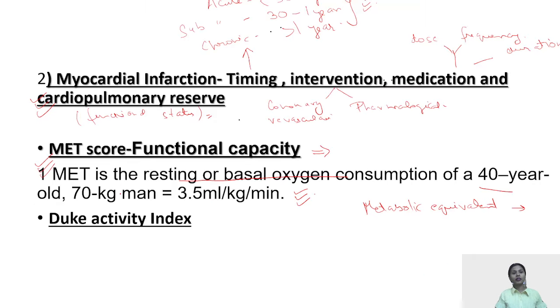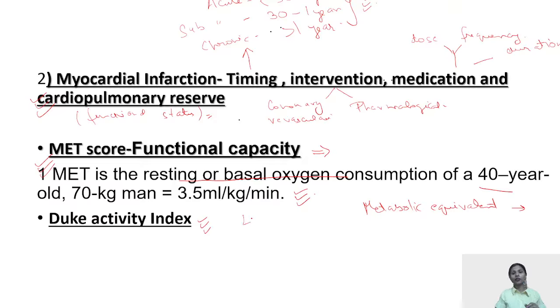The other important index which was developed to judge the functional capacity of the patient is the Duke Activity Index. So there are two things that can be used to judge the cardiopulmonary reserve of the patient via the history. One is the MET scoring, which is equivalent to 3.5 ml per kg per minute.